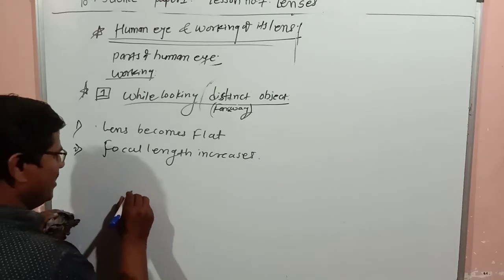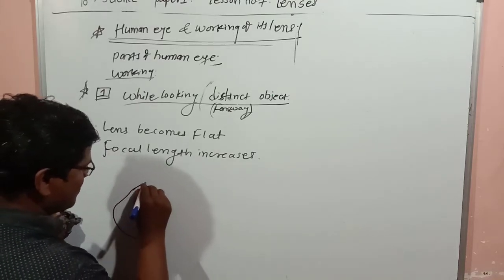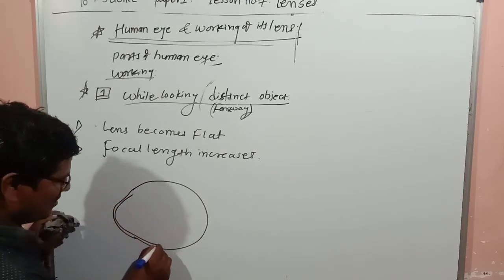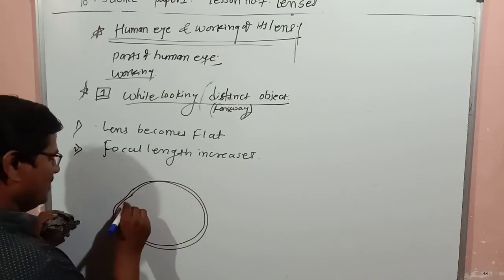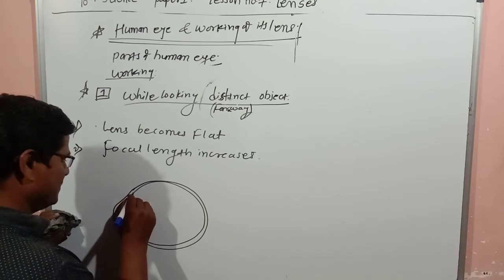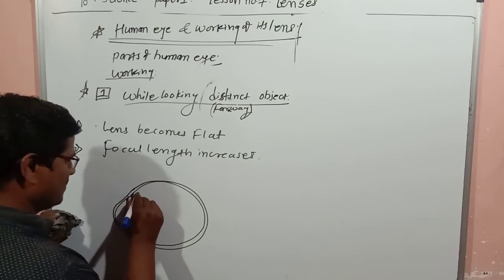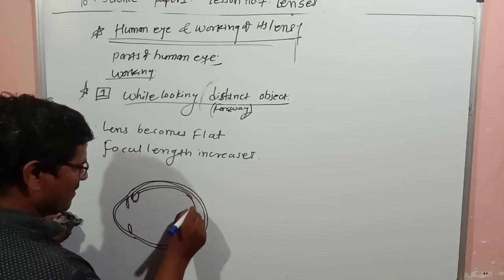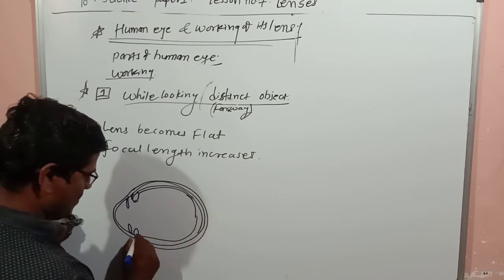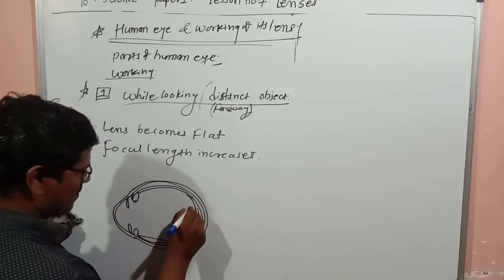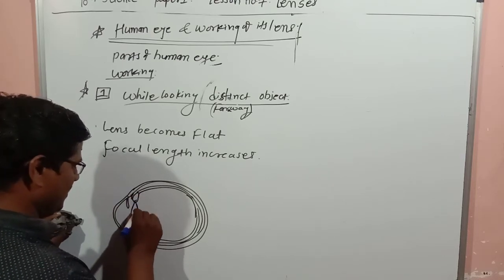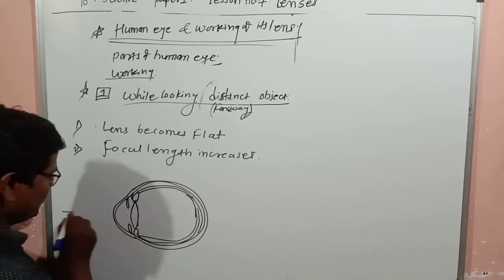So you can draw the diagram directly this way. Suppose this is the outermost cornea, then the iris will be there, so here the lens will become flat when you are looking at a distinct object.